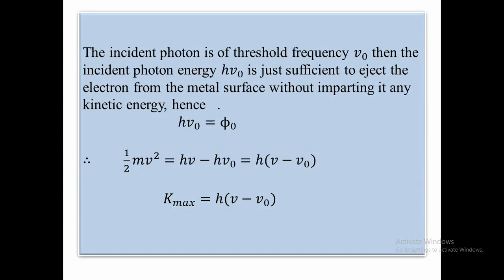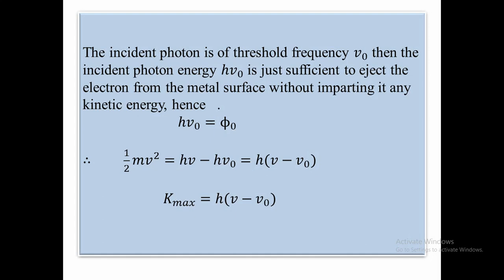If the incident photon is of threshold frequency nu naught, then the incident photon energy h nu naught is just sufficient to eject the photoelectron from the metal surface without imparting any kinetic energy to it.